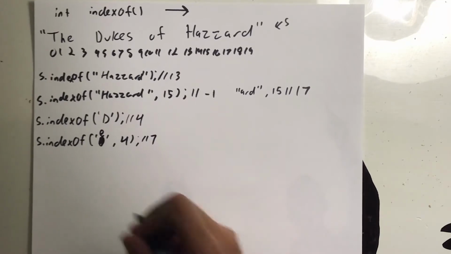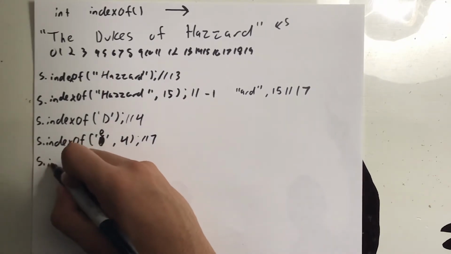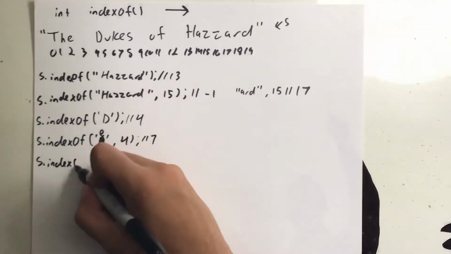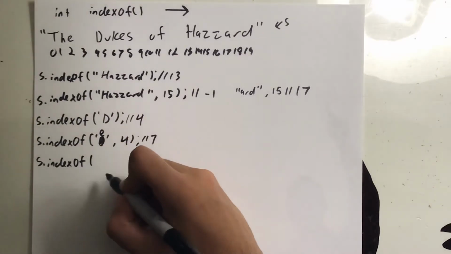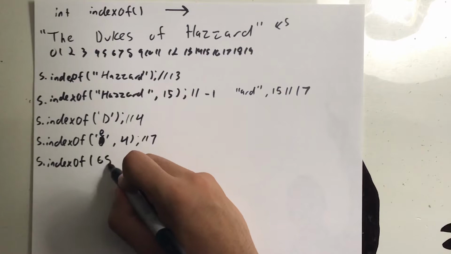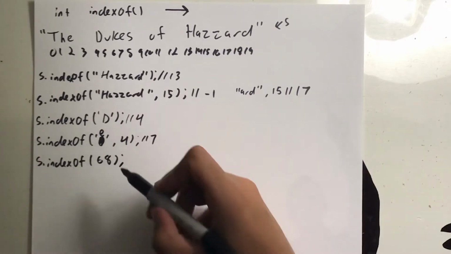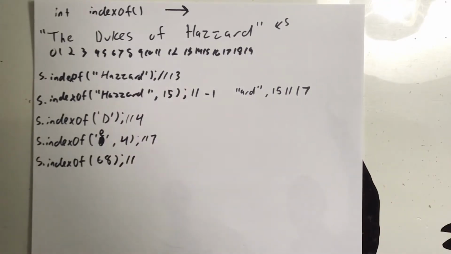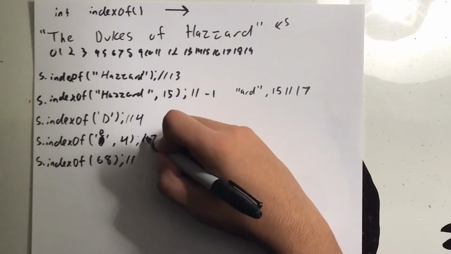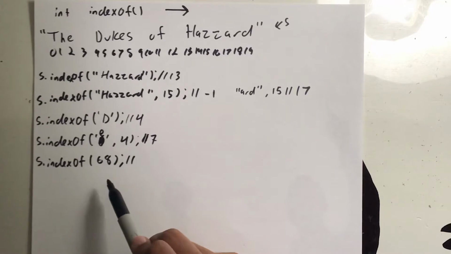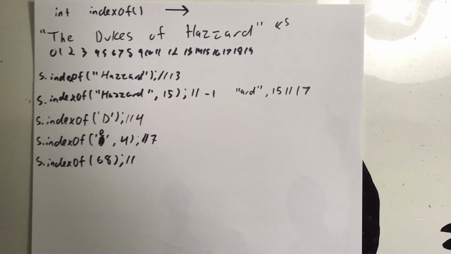Now what if we had this? S dot index of 68. Well, what the heck does that mean? Does that mean where we're going to start? No, what it means is this is the ASCII value. So if you see a really big number, it's going to look for the ASCII value.